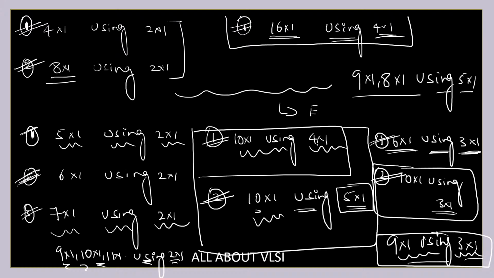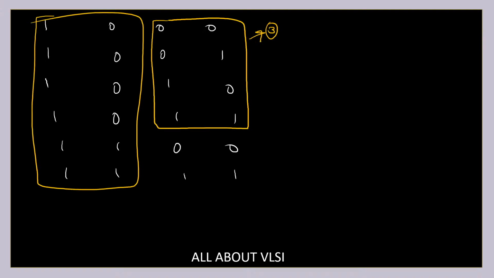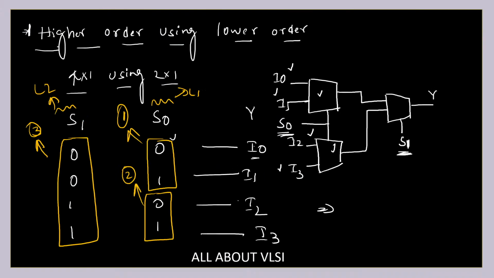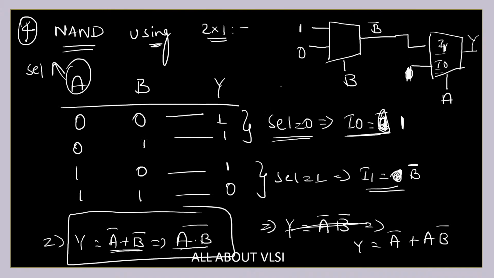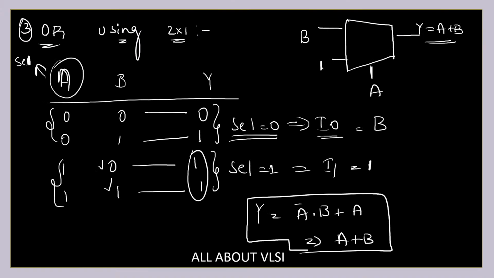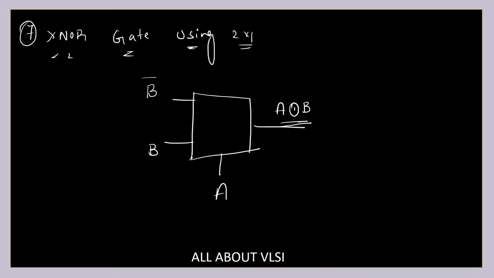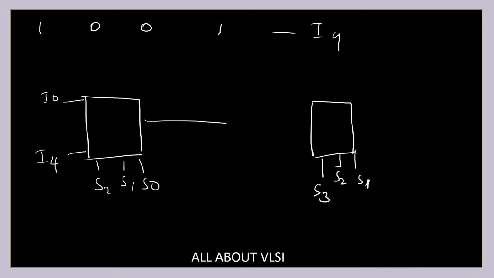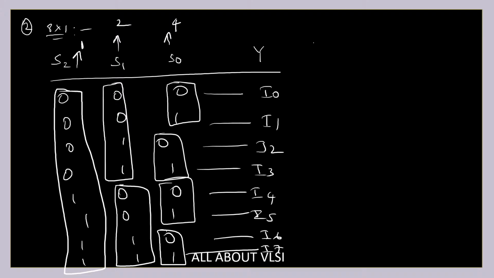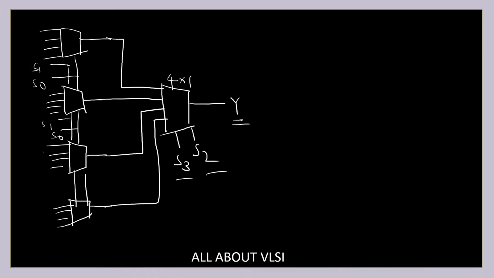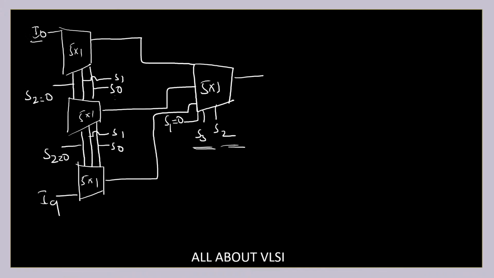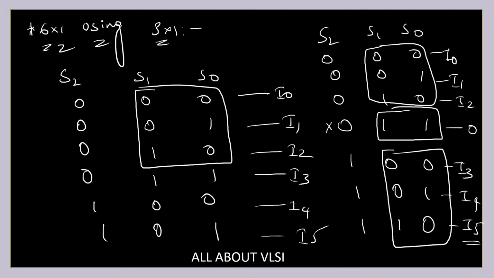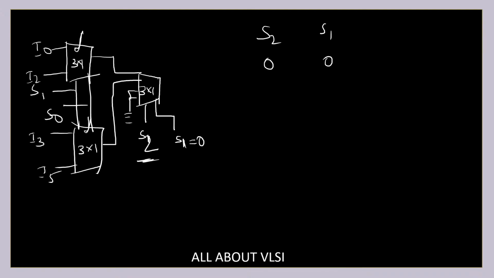In these multiplexers, as I've said, we have discussed all the problems which are possible using multiplexers, like logic gate building using multiplexers and higher order multiplexers using lower order multiplexers. So two sets of problems we have discussed. And in the third set of problems, we are going to have some GATE related questions that we will also be covering, so that it will help you to crack your interviews.